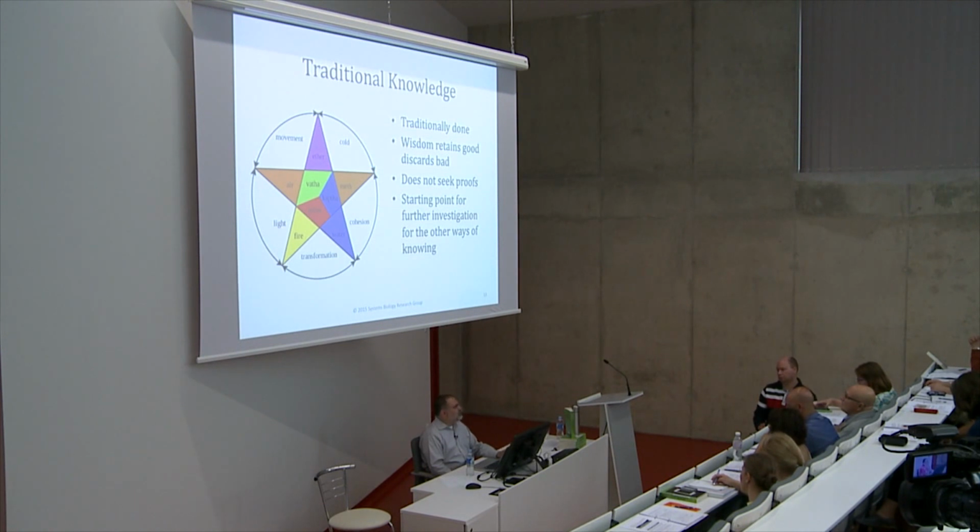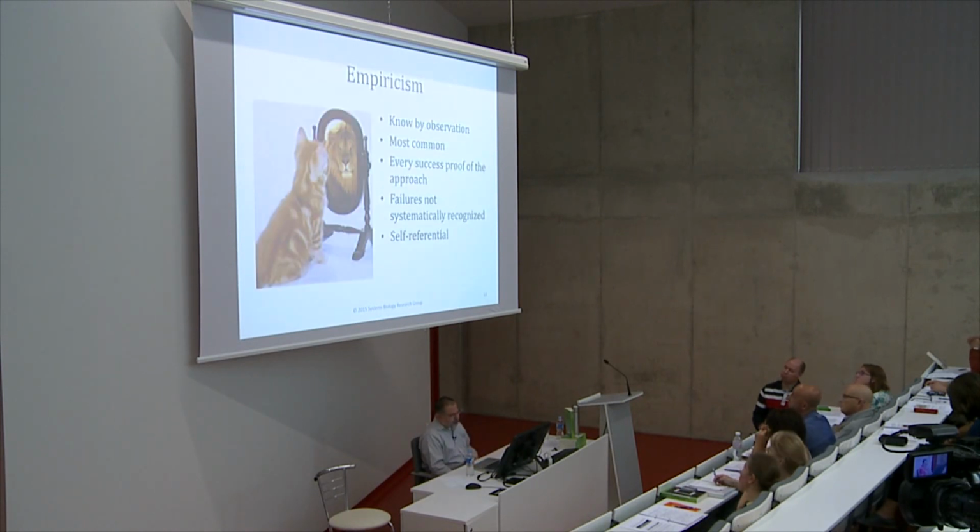But we don't really practice scientific medicine. We practice traditional scientific medicine, which is you look at the people around you, you look at what somebody taught you, and that's how you practice. Empirical knowledge is knowledge which is obtained by observation.